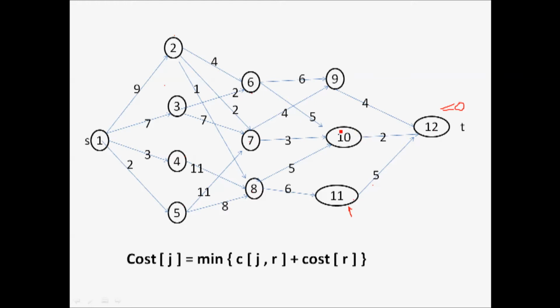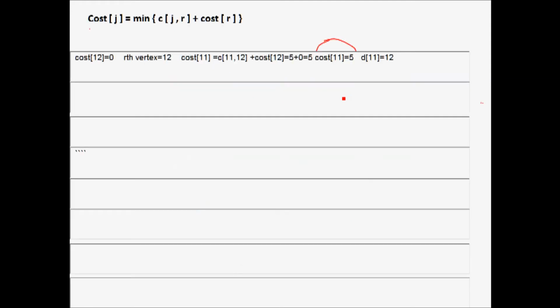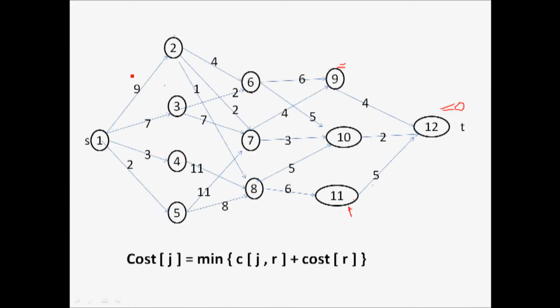Therefore the total cost of 10 will be equal to 2. Similarly, the total cost of 9 will be equal to 4. I am not going to go into detail on this, as I have already shown it in this way. Therefore cost of 11 is equal to 5, cost of 10 is equal to 2, and cost of 9 is equal to 4.